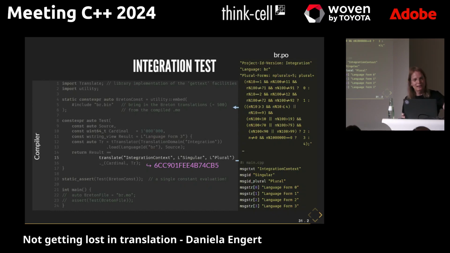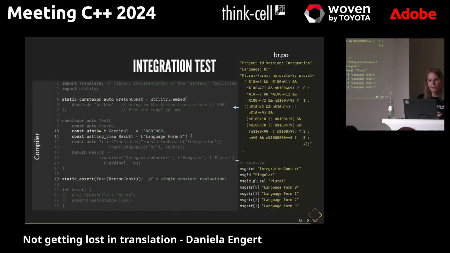Formerly it has been a syntactic marker for gettext. Now I've calculated this number seen before. This is the representation of these three constant strings. I ask for a translation given a particular cardinal and check if the output is the correct one. And if it is, line 19, this is the second constant evaluation in this whole integration test. It should be fine, and actually it is.